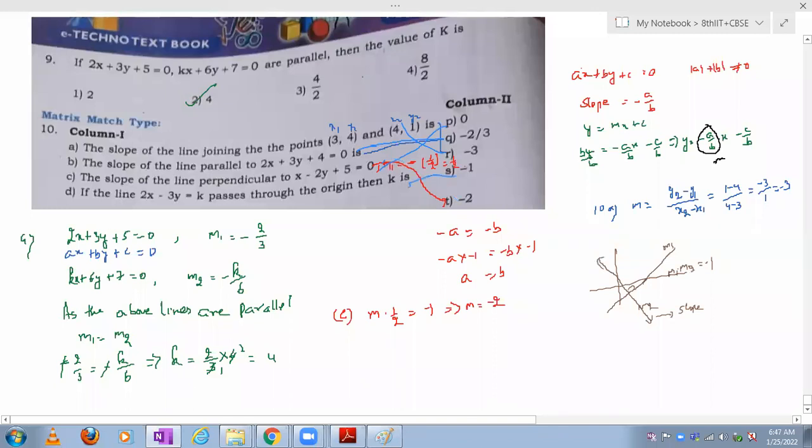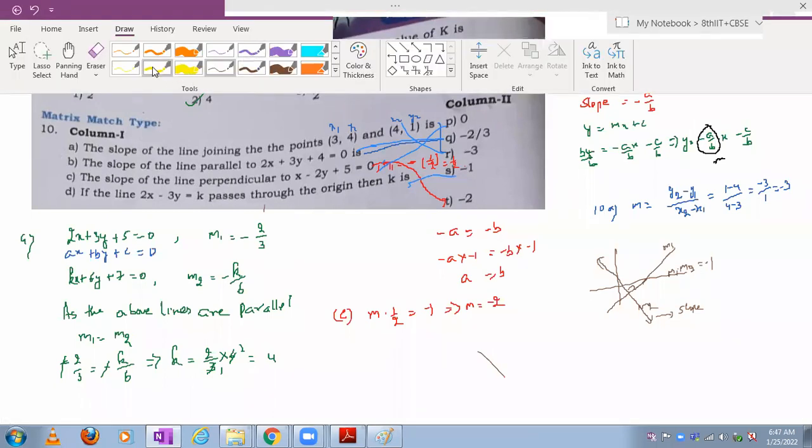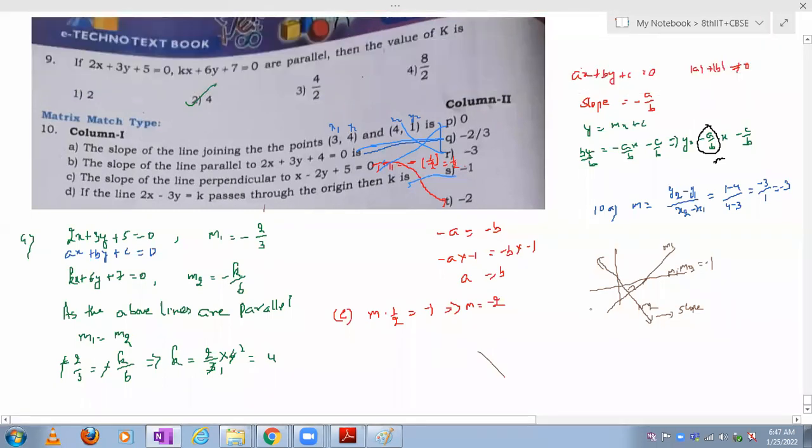If the line 2x minus 3y is equal to k passes through the origin, then k is equal to what? See, one line passes through the origin. Suppose I draw a line. This line passes through the origin. The line is 2x plus 3y plus k is equal to 0.